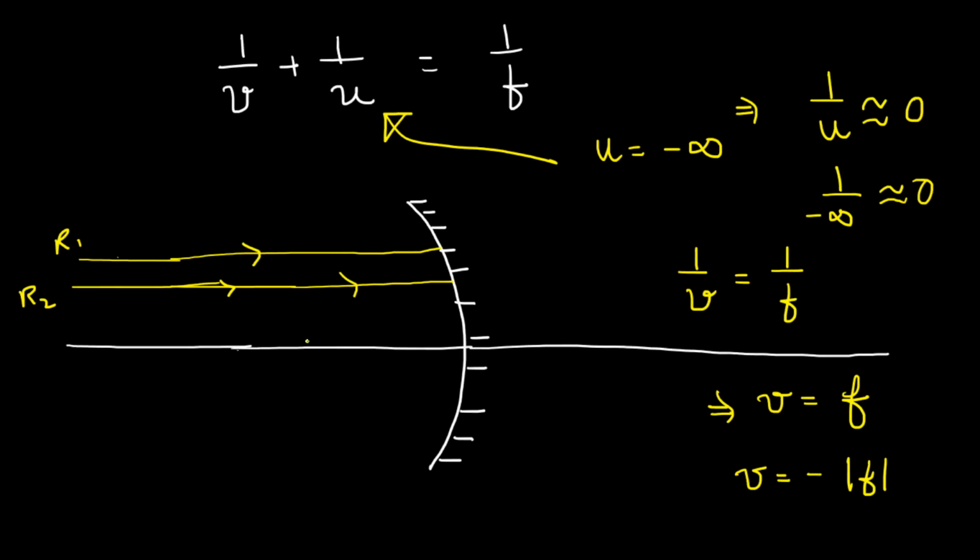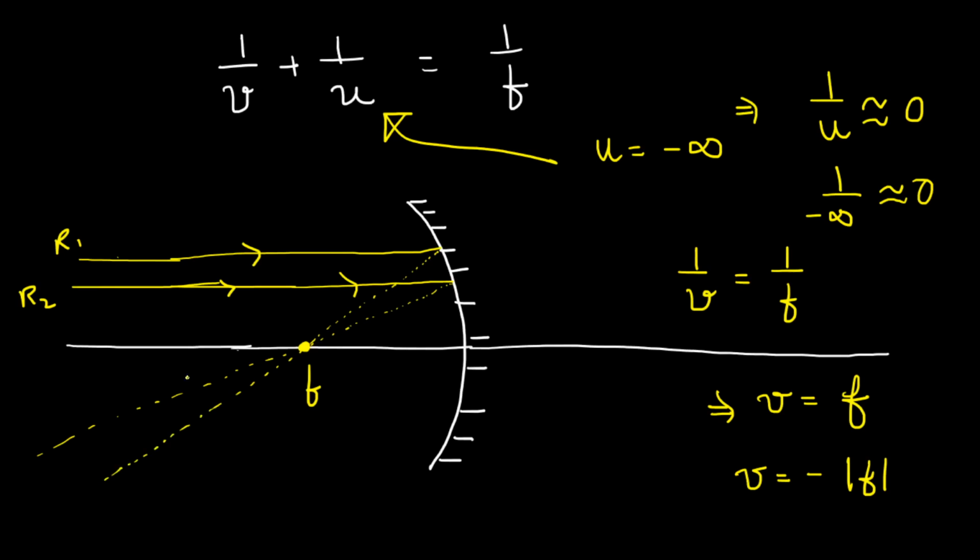So v is negative, and it coincides with where the focus is. What does this mean? It means that the reflected ray passes through the focus. Let's take one more ray. This also passes through the focus.